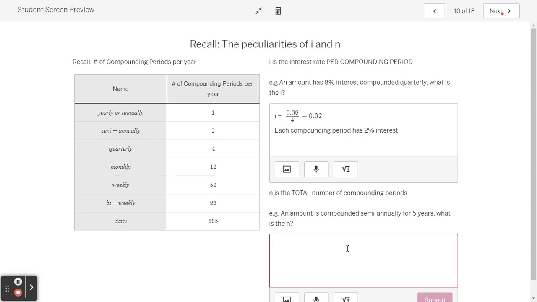What is the n? n represents our total number of compounding periods. So we're going to take 5 years and we're going to multiply it by 2 because in each of the 5 years, we're getting interest twice. So that means in total, I'm going to be getting interest 10 times.